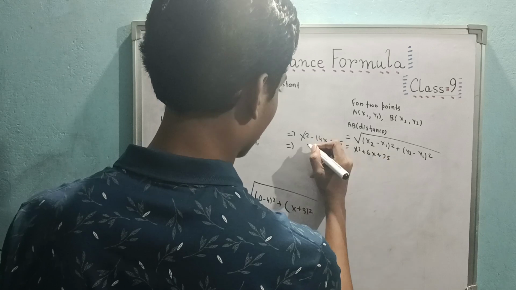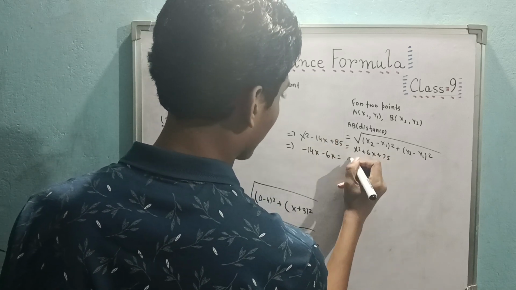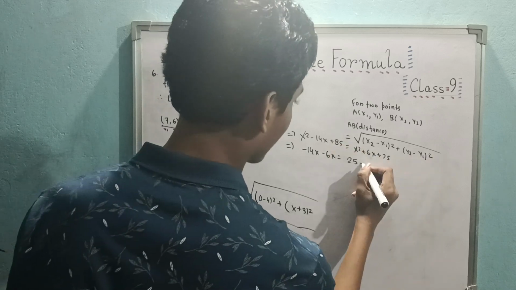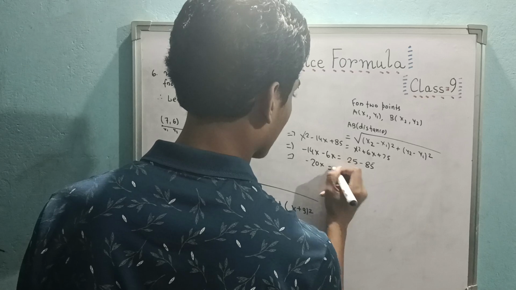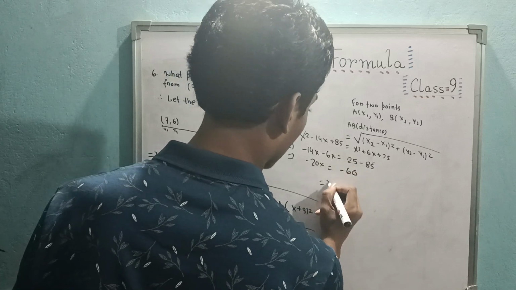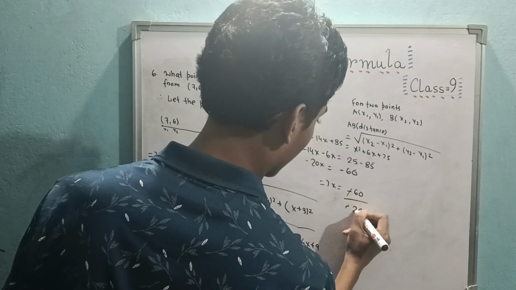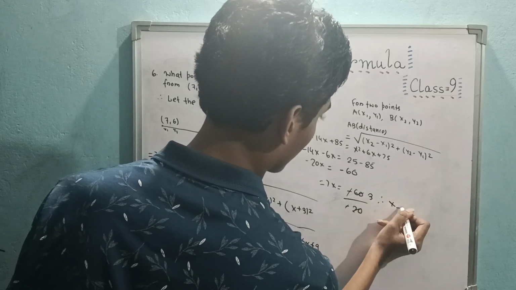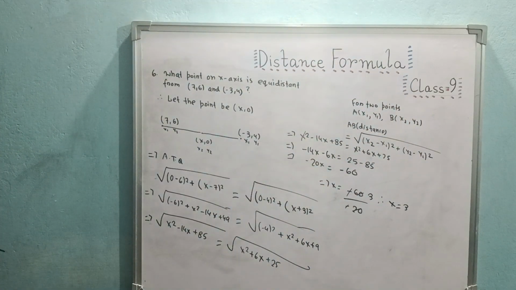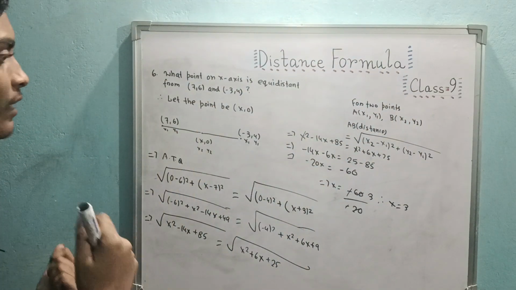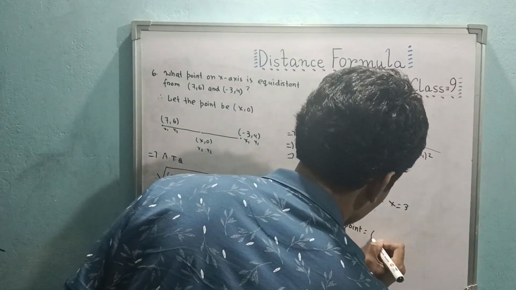Now I shift 6x to this side, minus 14x minus 6x, equal to 25, shift 85 to that side, minus 85, so minus 20x equal to minus 60, x equal to minus 60 by minus 20, minus minus cancel, 3, x equal to 3. So as x was 3, I will consider the point as (x, 0). Therefore the point is (3, 0).